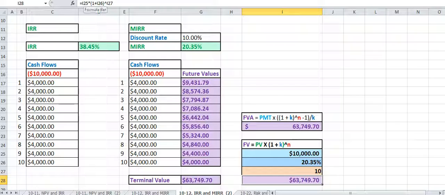And then the present value right here, I-25, is just the initial $10,000 cash investment.